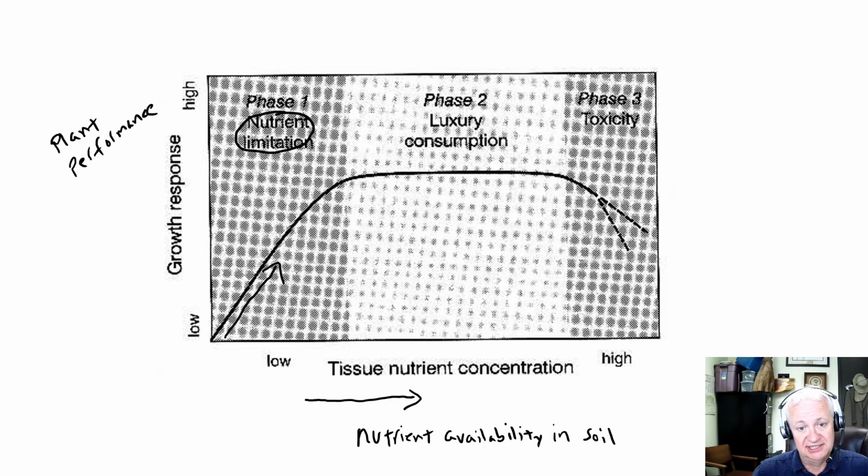The definition of limitation is that the addition of that limiting element will cause an increase in whatever response variable you're looking at. And then there's some phase at intermediate availability where there's no change in plant performance. And that phase is called luxury consumption.